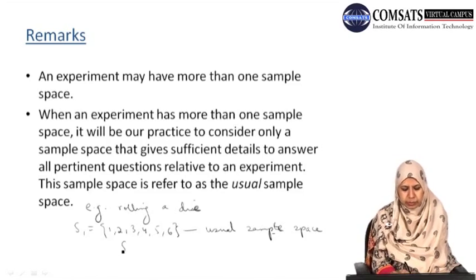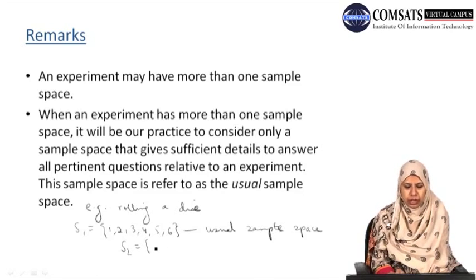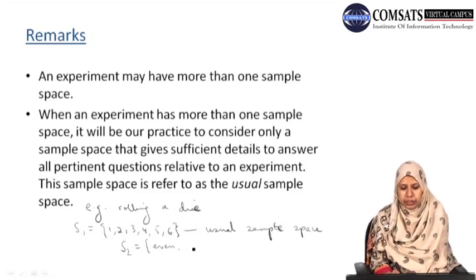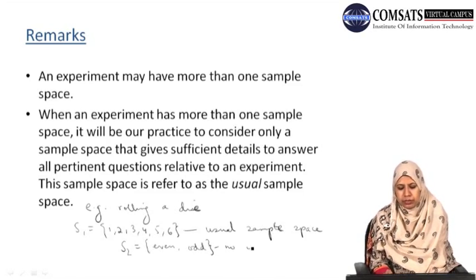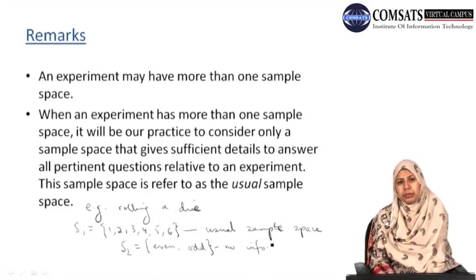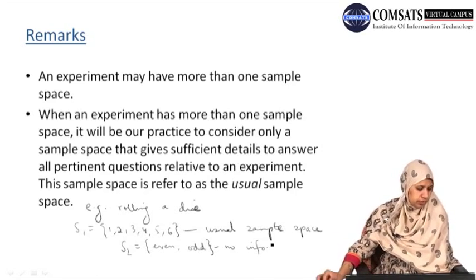And our second sample space S2, consisting of 2 outcomes, that is either the outcome will be even or the outcome will be odd, will not give us much information about our relevant questions.